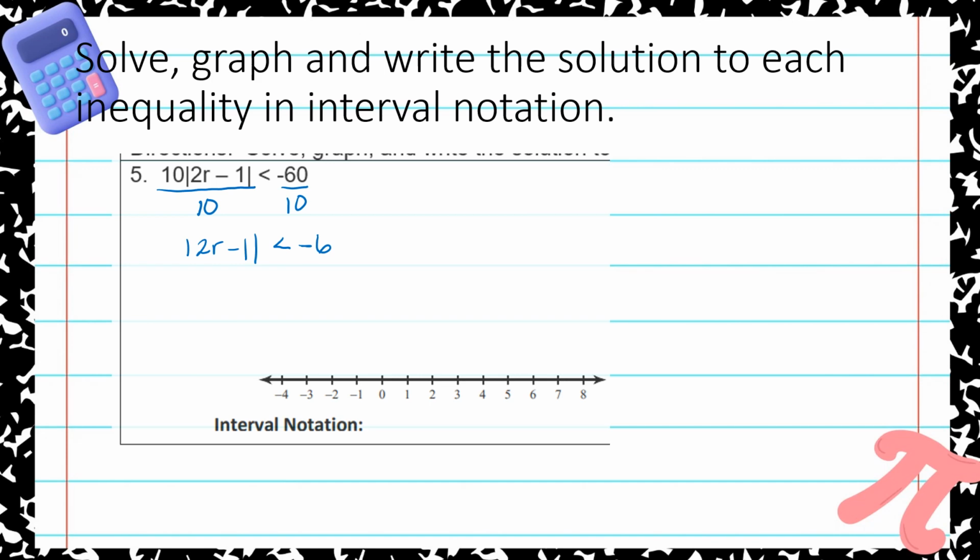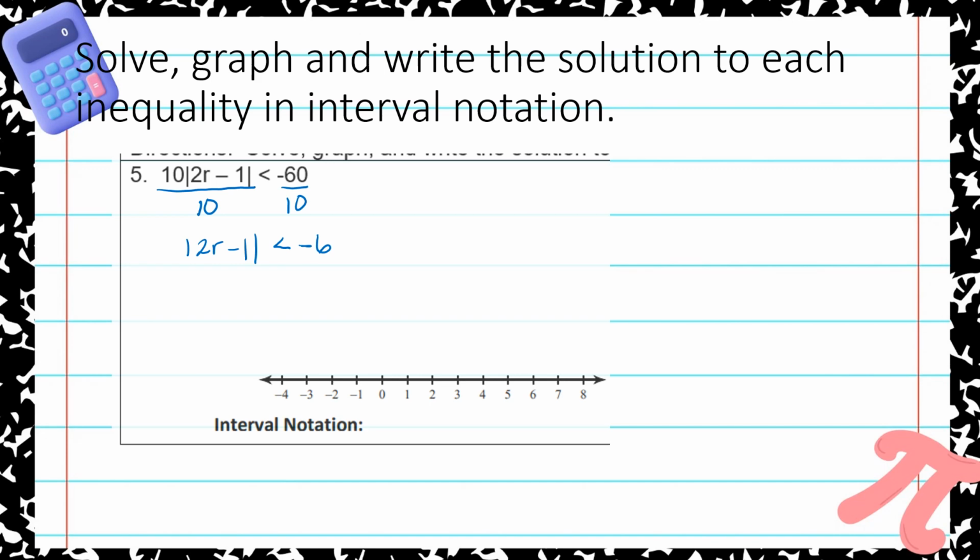I want you to think about what absolute value is. You can pause it and think, take a wild guess, talk to your neighbor. Do you have an idea? So here's the deal. Remember, absolute value is always, always positive. It doesn't matter what my value for r is going to be.